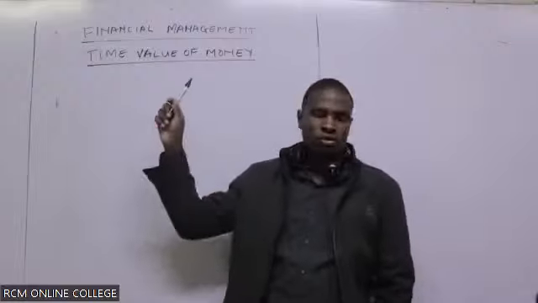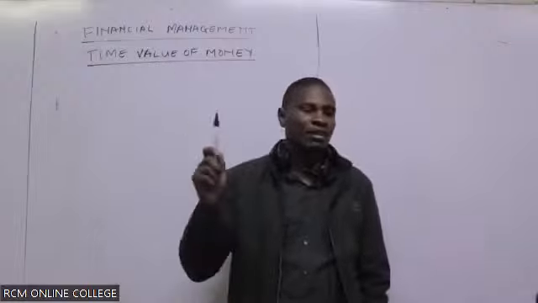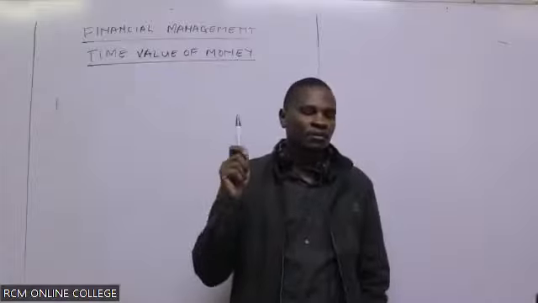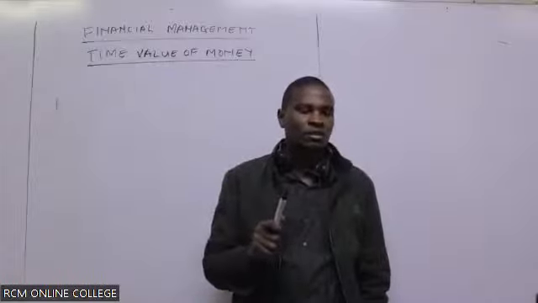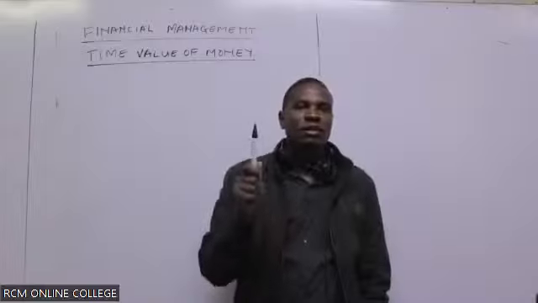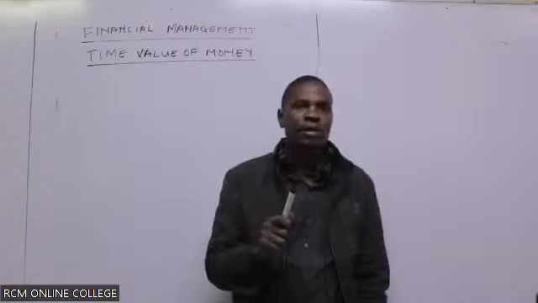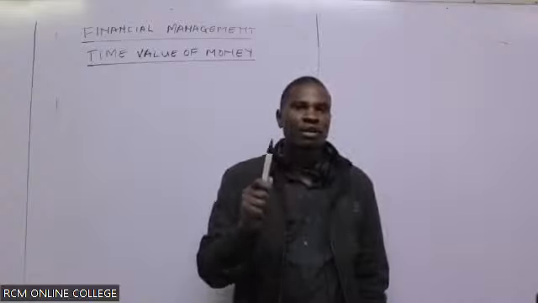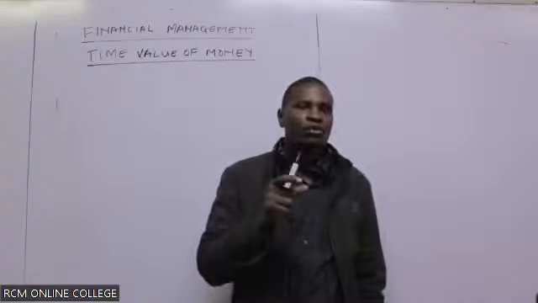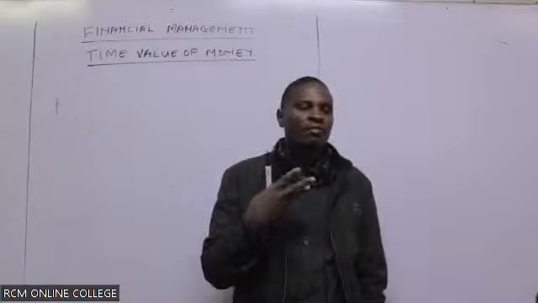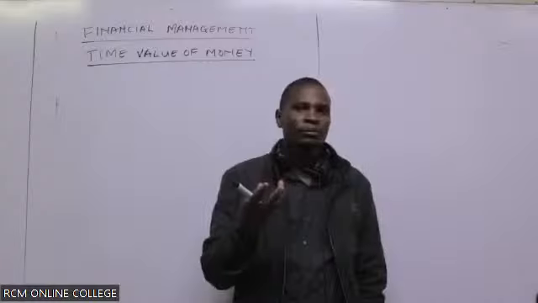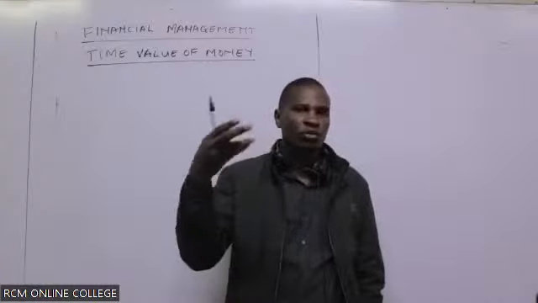We're going to look at this topic, time value of money. It is topic number 4, as far as the custom syllabus is concerned. Just a recap: when we talk about time value of money, we are trying to look at the value of 1 shilling for a given period of time.